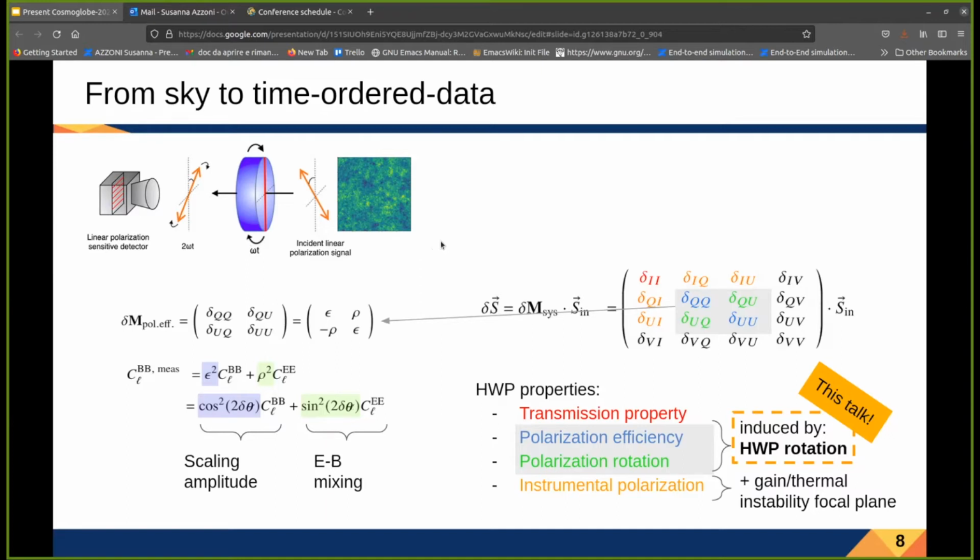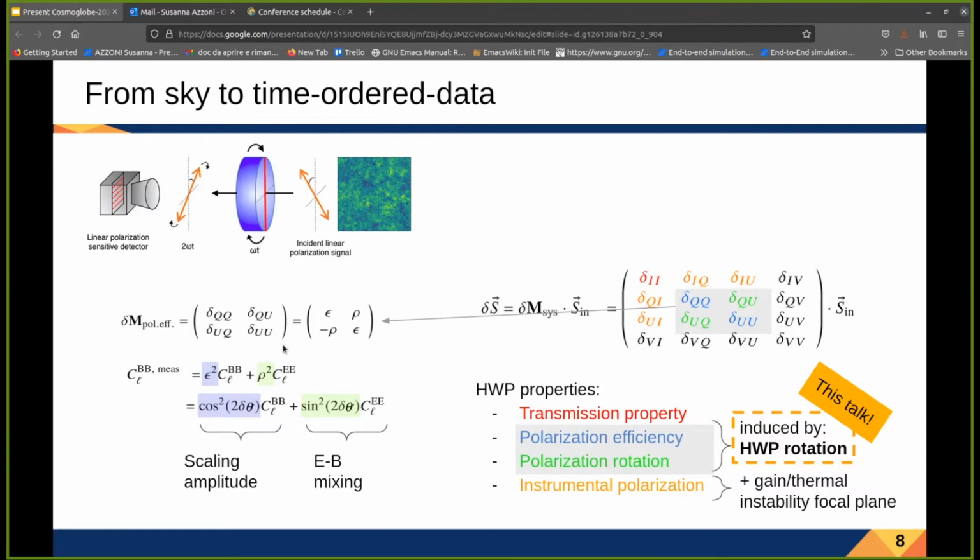So we want to know essentially how well an encoder needs to measure the angles, not to bias the cosmology. And in practice, the miscalibration of the angle is a major source of systematic errors, which gives a leakage of E modes to B modes and B modes to E modes as well. But of course, given the amplitude of B modes, that's less relevant. And so this biases the estimation of the tensor to scalar ratio.